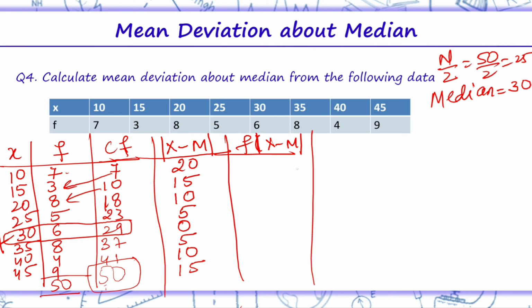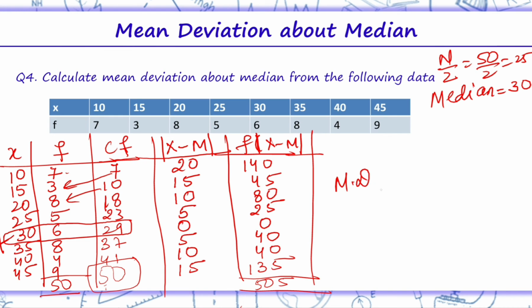The next column we have to make is f into mod x minus median. So 7 into 20 is 140, 3 into 15 is 45, 8 into 10 is 80, 5 into 5 is 25, 6 into 0 is 0, 8 into 5 is 40, 4 into 10 is 40, 9 into 15 is 135. Its summation comes out to be 505.